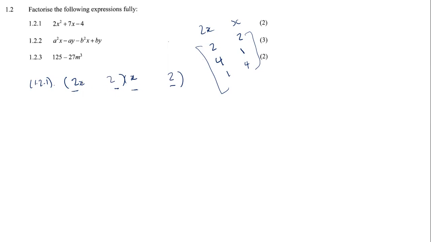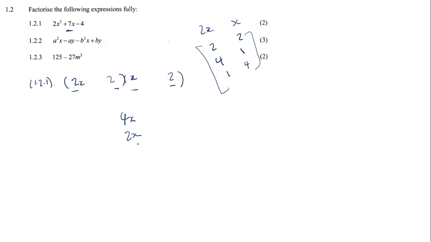We're going to say 2x multiplied by 2 gives us 4x. 2 multiplied by x gives us 2x. When we add or subtract these two products, are we going to get the middle term, which is 7? Let's see.